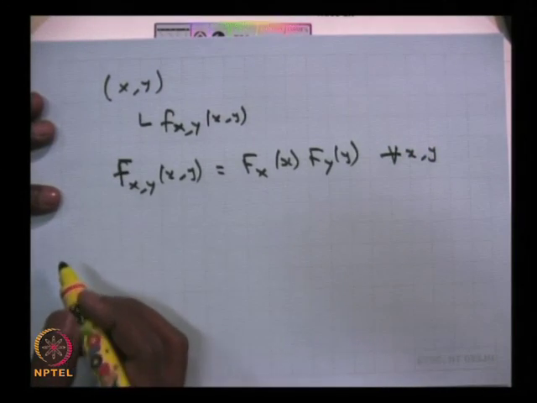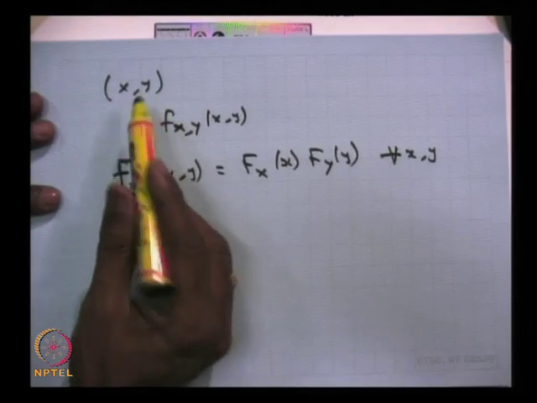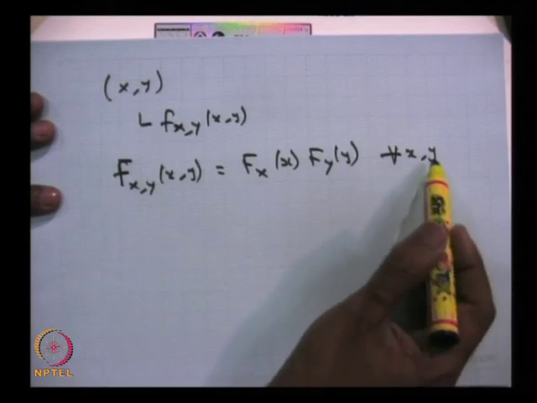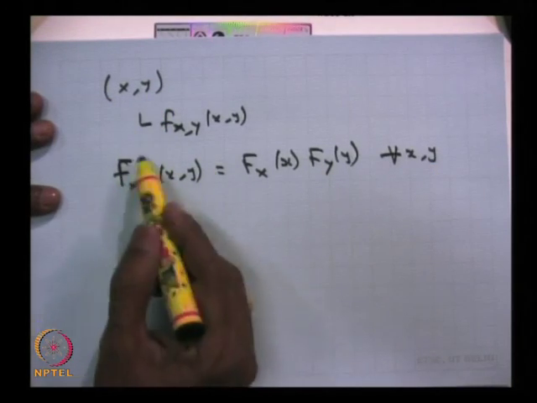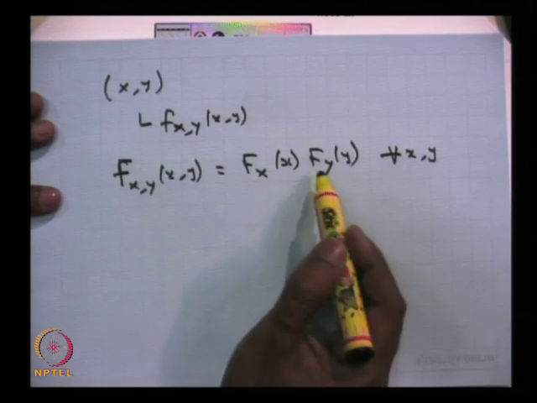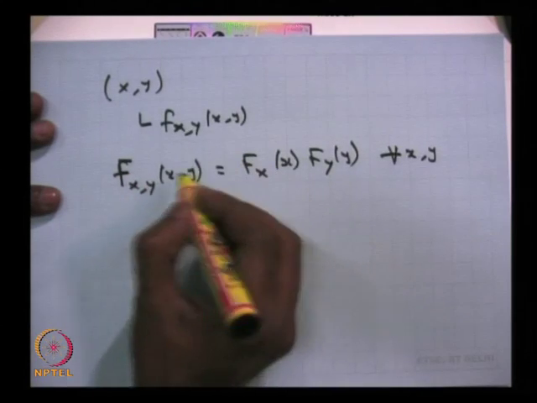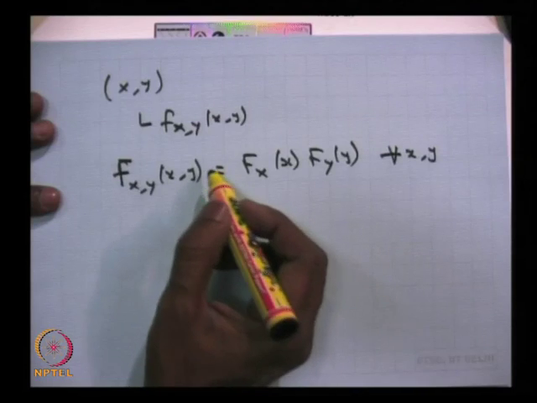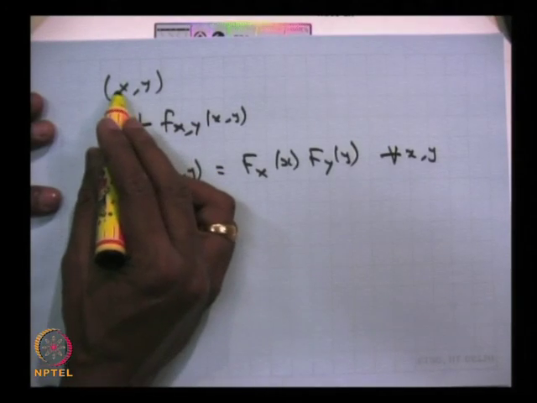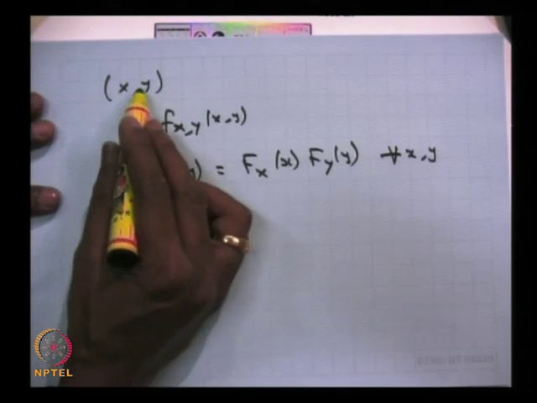That means the joint CDF is the same as the product of the CDFs. This is an if and only if condition. If this condition is satisfied, then both random variables are called independent random variables.